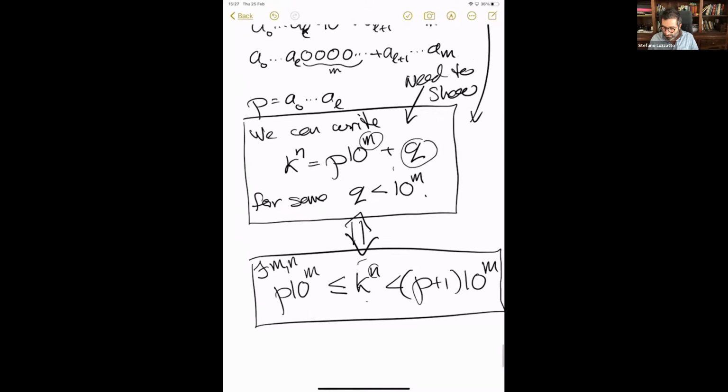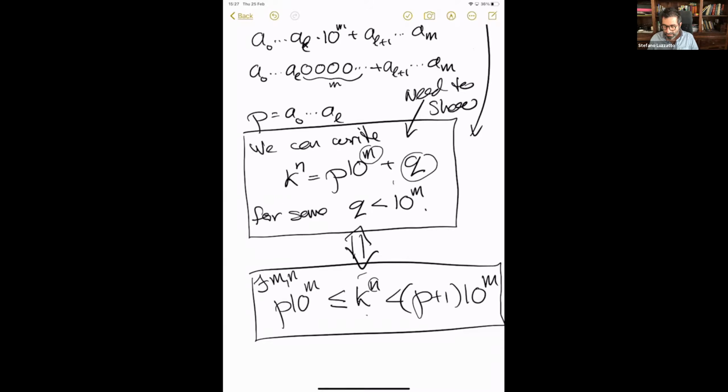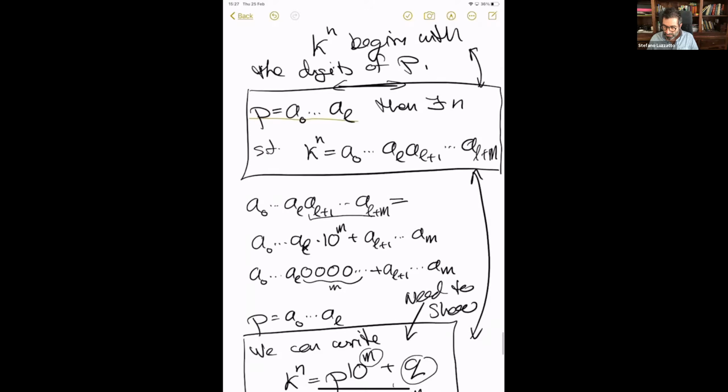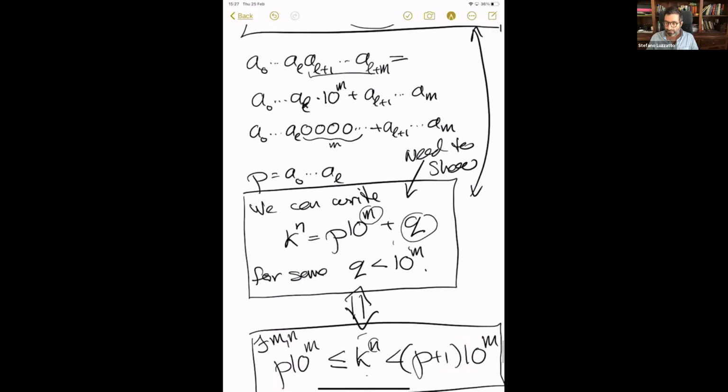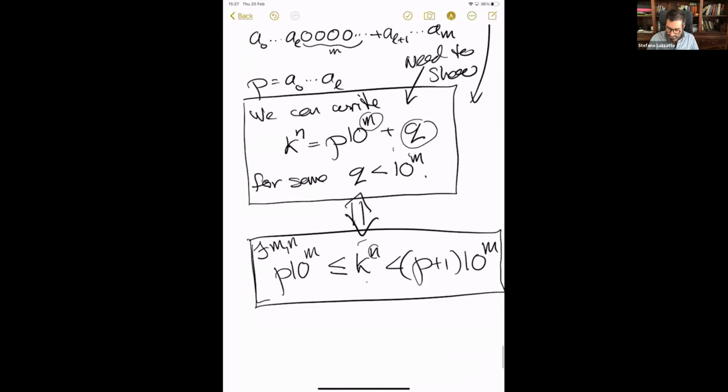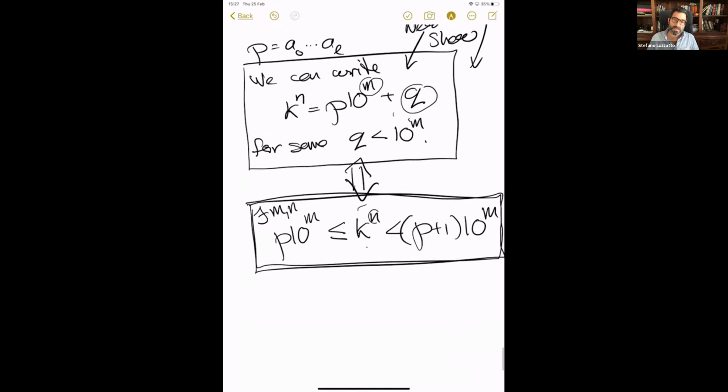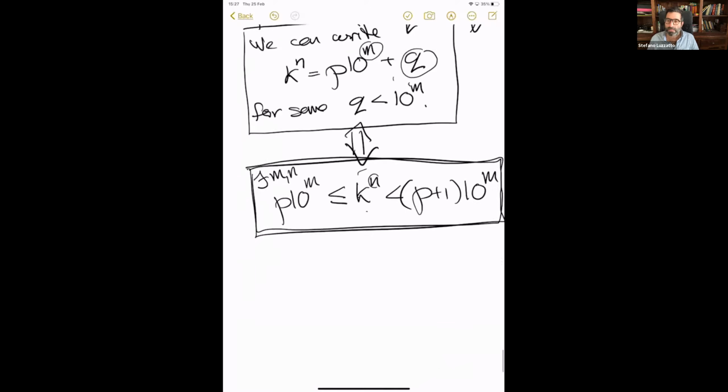Because if this is true, that means that we can write K to the N as P times 10 to the M plus Q, which means K to the N has our P in it, and then it has some other digits, which gives the Q. So this is now what we have to show. And now we're starting to go in the right direction.